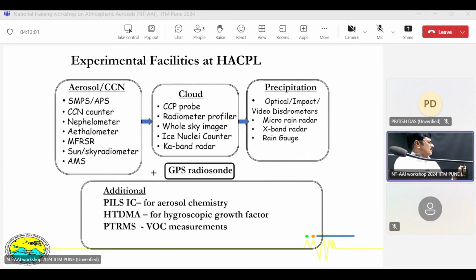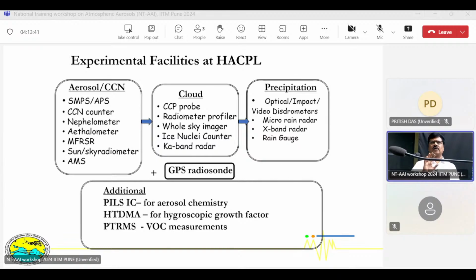On aerosols, I think previous speakers have already covered the SMPS and the aerodynamic particle sizer for coarser particle size distribution, and the CCN counter to measure how many particles get activated as cloud condensation nuclei at different supersaturation, and the nephelometer for scattering and absorption coefficient, and a multi-filter rotating shadow band radiometer to get the aerosol optical thickness, which is nothing but the integrated extinction coefficient.